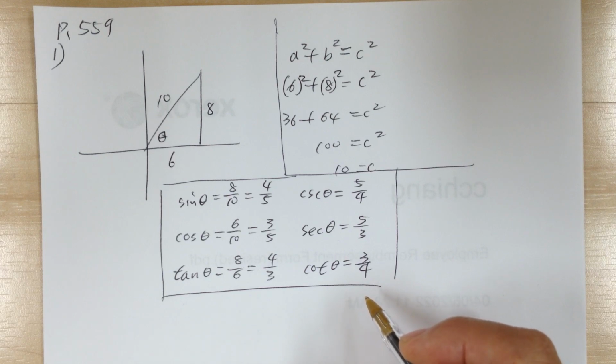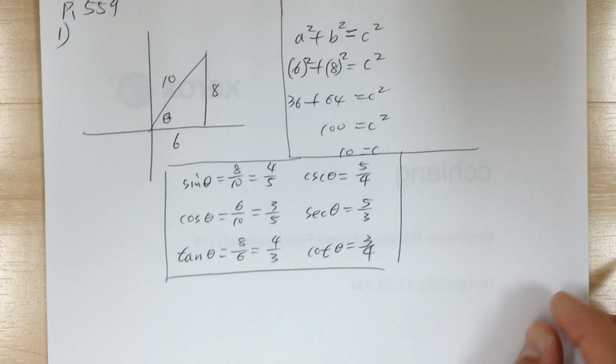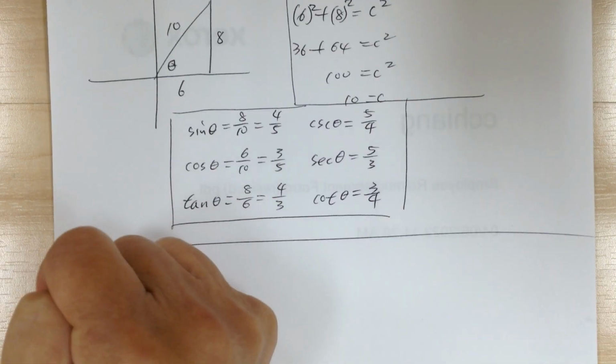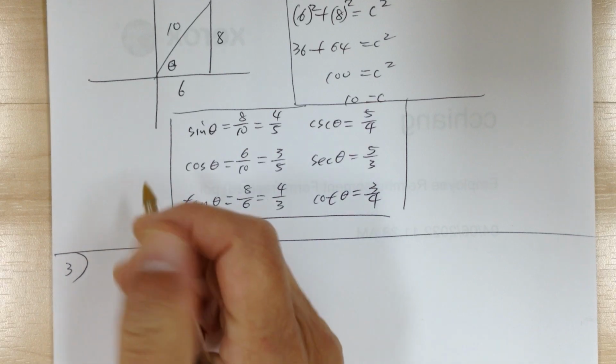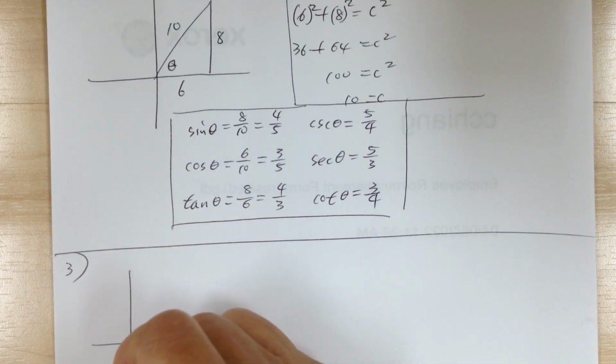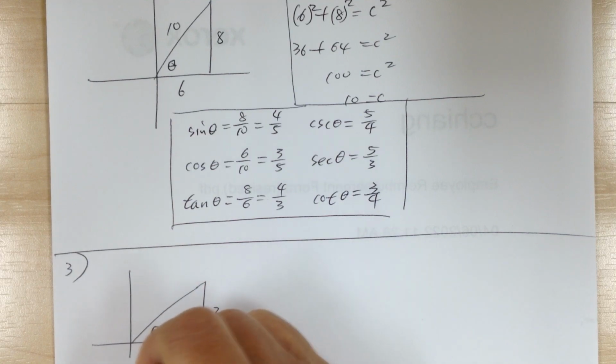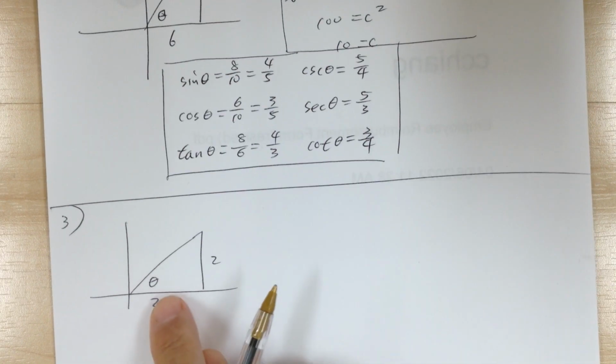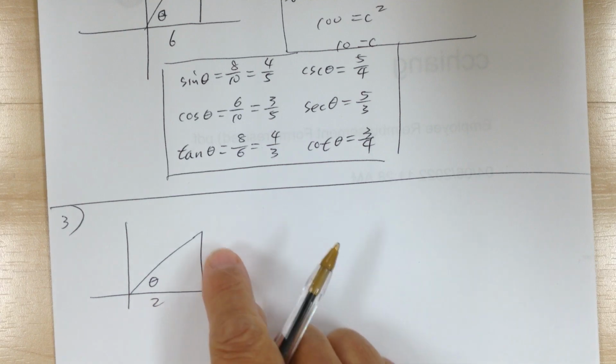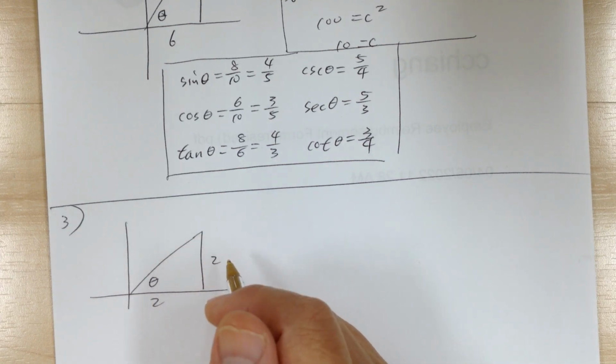Okay, let's go to number 3. Okay, so this is your 45-45 special triangle.